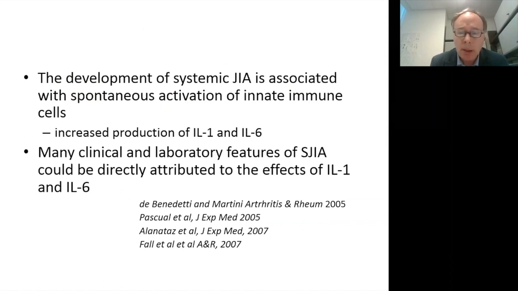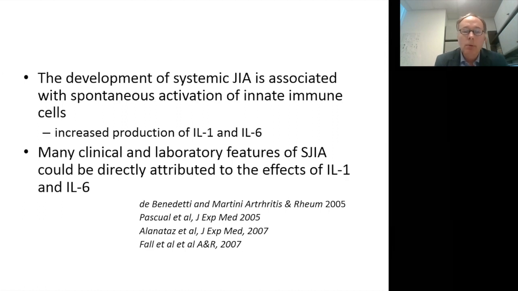In the early 2000s, we learned that the development of systemic JIA may be associated with a spontaneous activation of innate immune cells producing two other pro-inflammatory cytokines, IL-1 and IL-6.